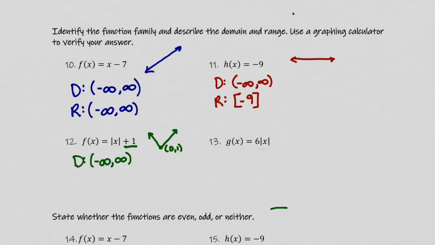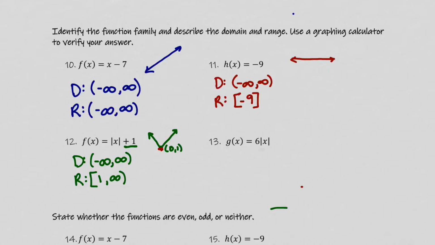But the bottom of the graph, which is this point right here, is going to be at y being 1, because it was up 1 from 0, 0. So I know the range, the lowest it goes is 1, and it's going to positive infinity.